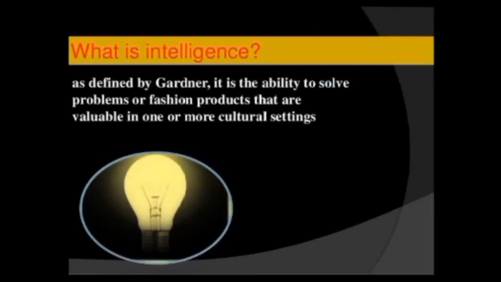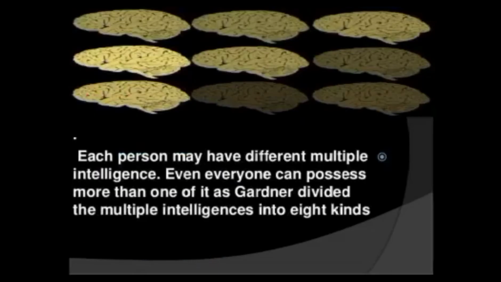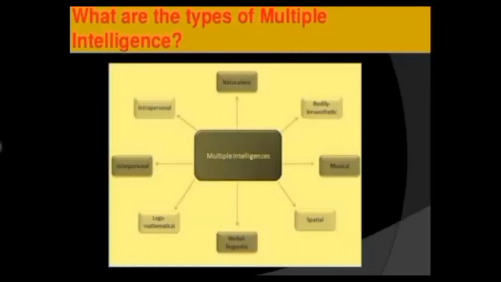What is intelligence? Intelligence was defined by Gardner as the ability to solve problems or fashion products that are valuable in one or more cultural settings. Each person may have different multiple intelligences. Everyone can possess more than one of them, as Gardner divided the multiple intelligences into 8 kinds.